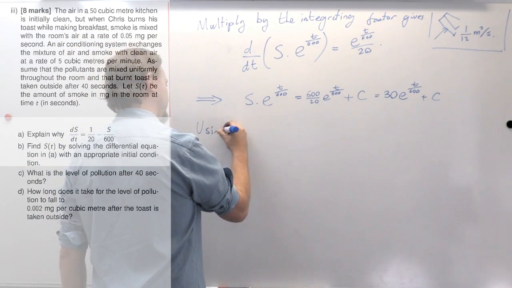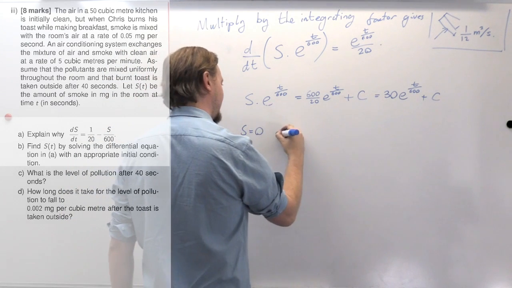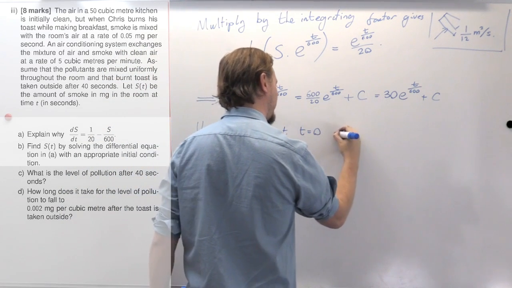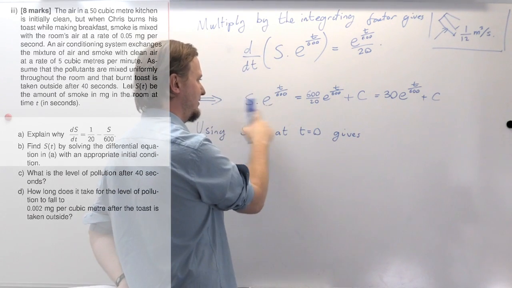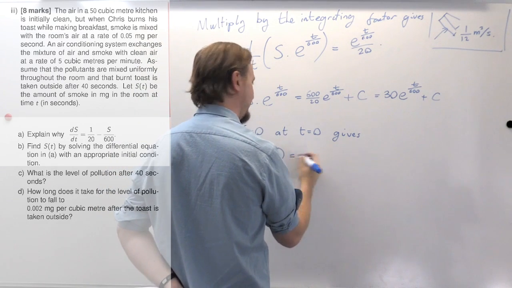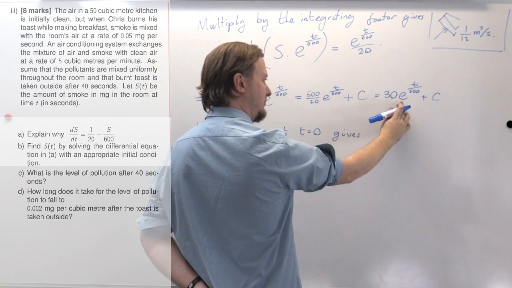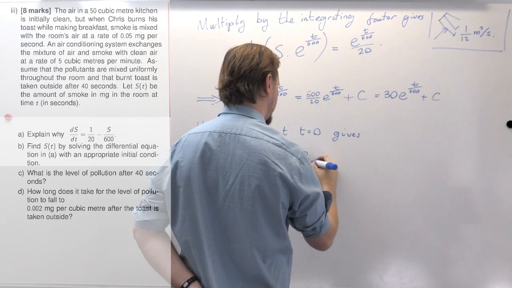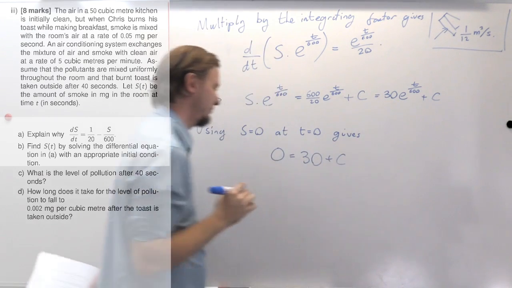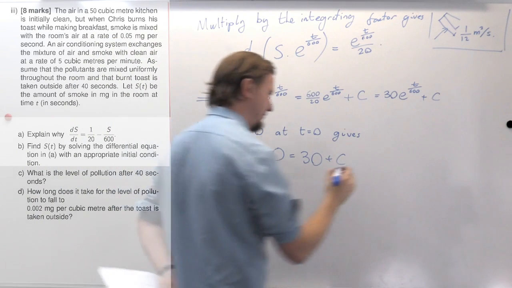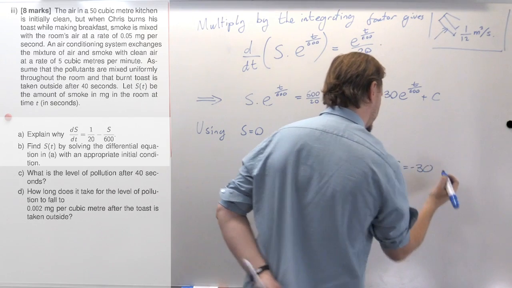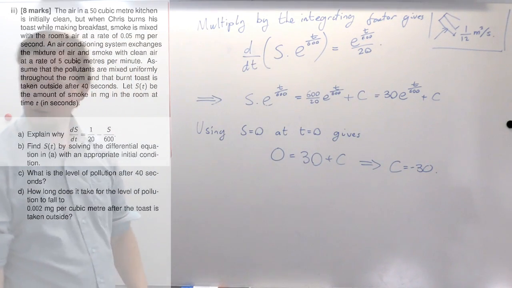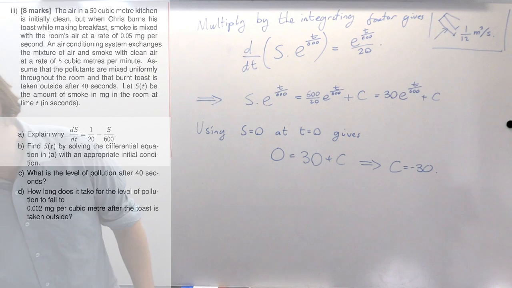So using s equals 0 at t equals 0 gives, well, let's just plug it in and get that 0 has to equal 30 times e to the 0, so it's 30 plus c. So this implies that that constant I didn't know is actually minus 30. So that's the solution. That's how the smoke is increasing with time.